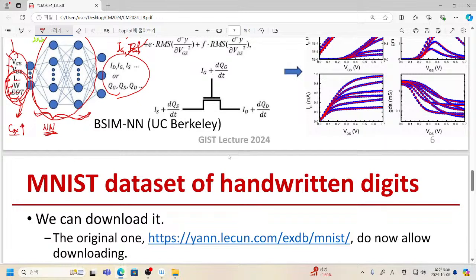Okay, so up to now, I have introduced a few examples or a few application areas of neural network approaches, especially in the area of TCAD or device simulation and modeling. However, as I told you before, I intentionally excluded the discussion about the process-related one. But in my opinion, the more important one is process-related, because that can give us huge benefits when we really apply this kind of neural network approach.